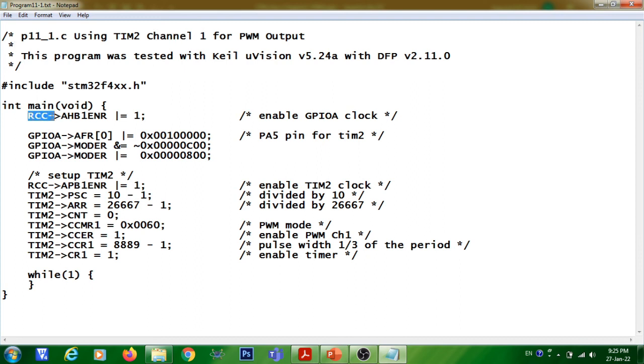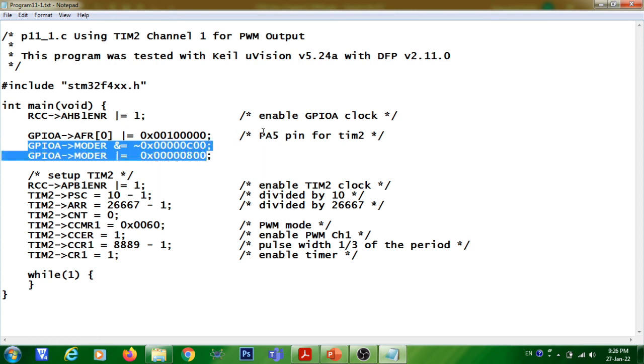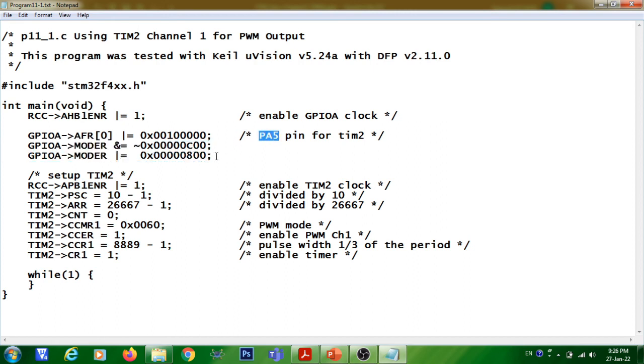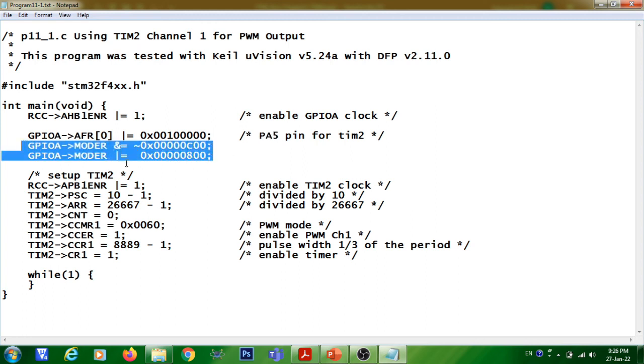So what is the first step? We are writing AHB1 ENR equal to 1. That means you are enabling the GPIO clock by setting the 0th bit of the AHB1 ENR register. Then you are going to configure the alternate function mode for PA5. For configuring alternate function for PA5, these two steps are used, that is OR equal to 800.